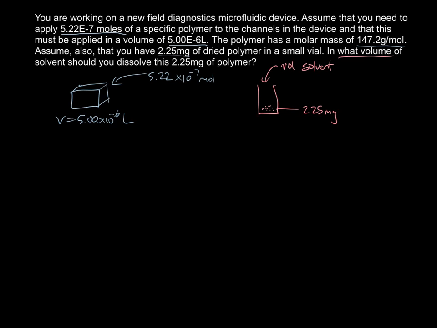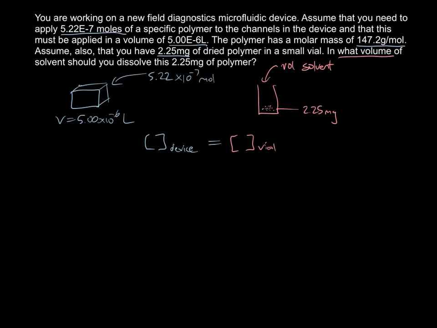It can be assumed that we're creating excess solution in our vial compared to what we're actually going to be using in the device. So we can say that the concentration in the device is equal to the concentration in our vial.